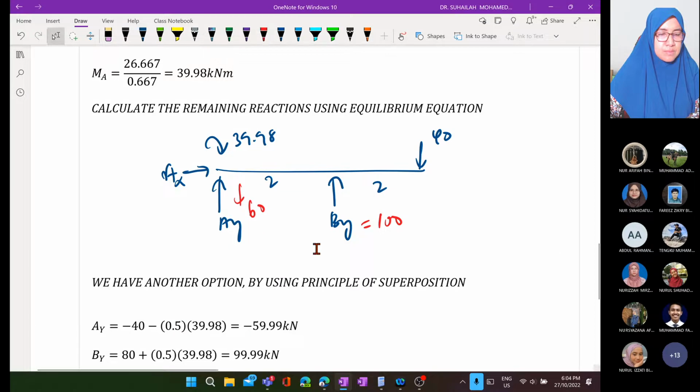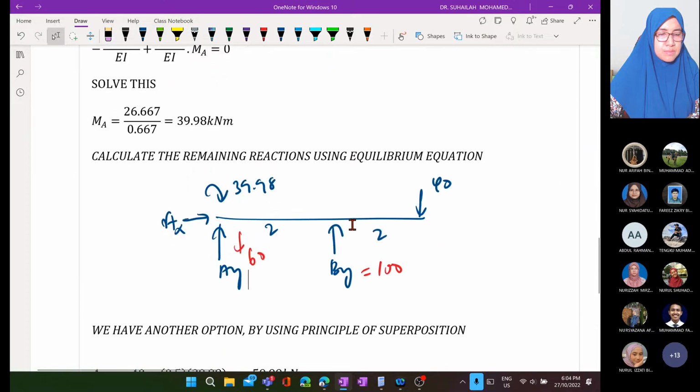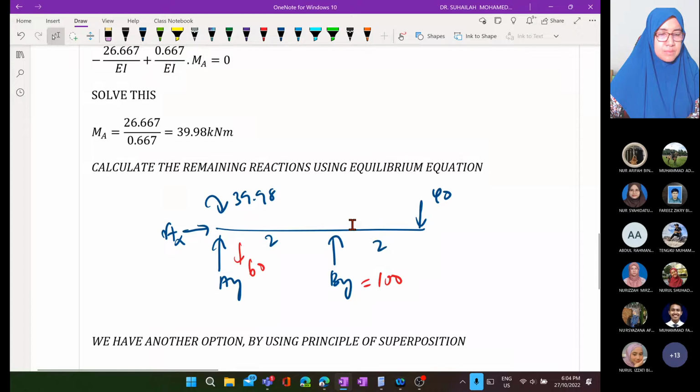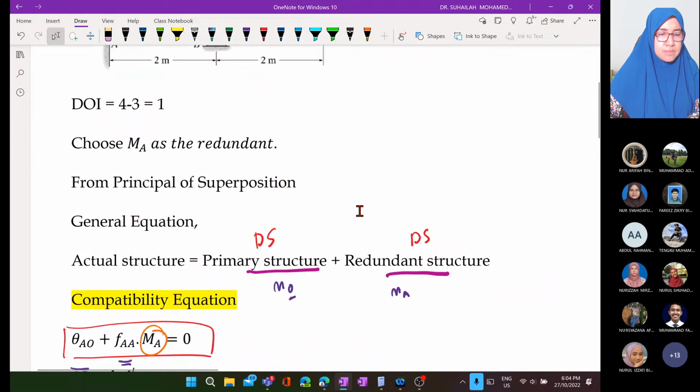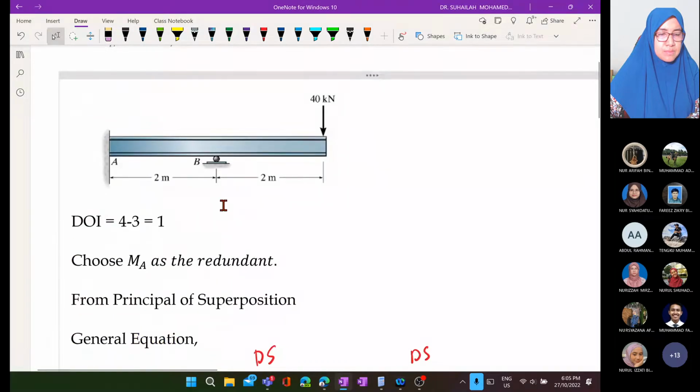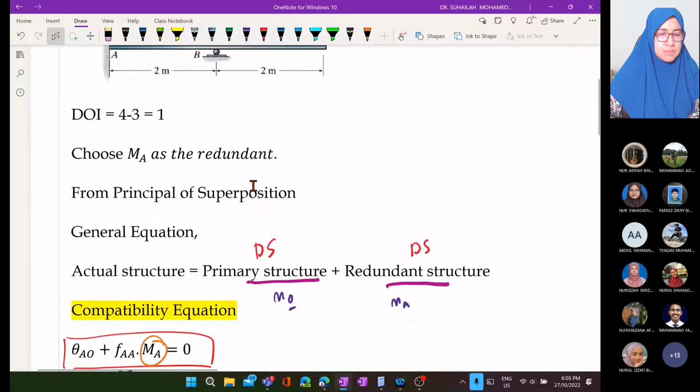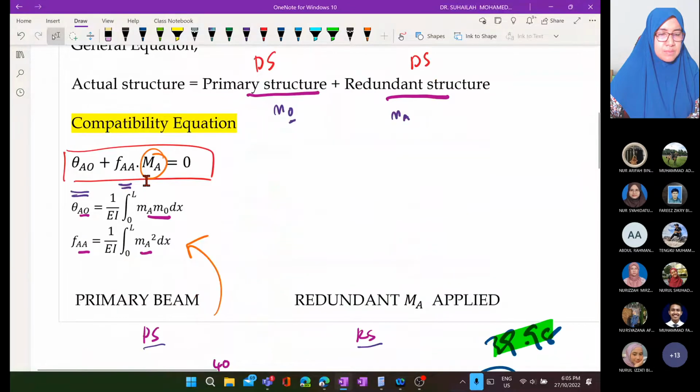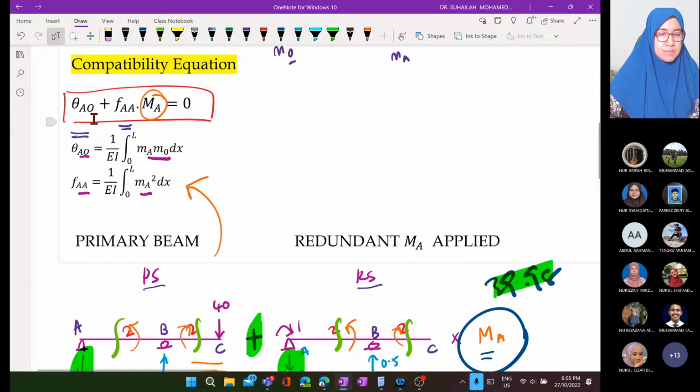So this is how we analyze, and we will repeat the same process for all types of structure. Start by identifying the redundant, choose the redundant, remove the redundant. Write the compatibility equation depending on the redundant we have chosen. For one redundant there are two displacements, which come from two systems, the primary and the redundant system.